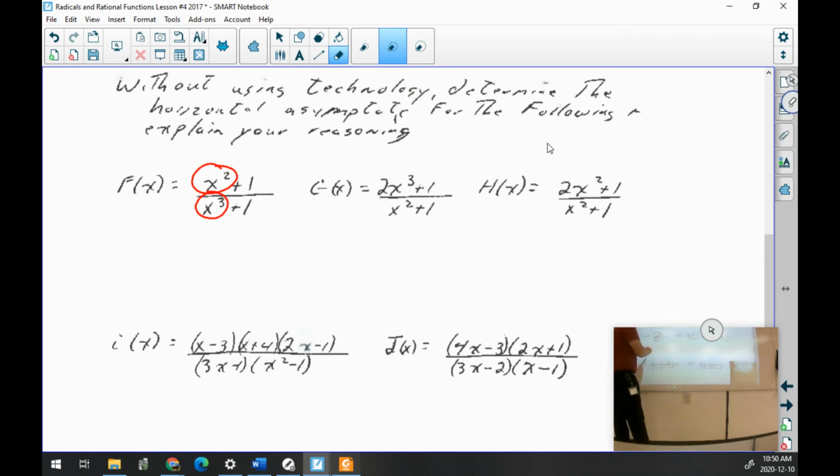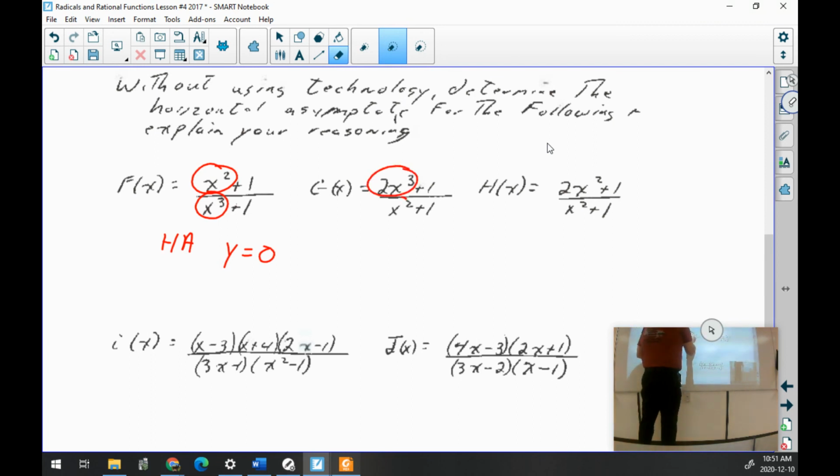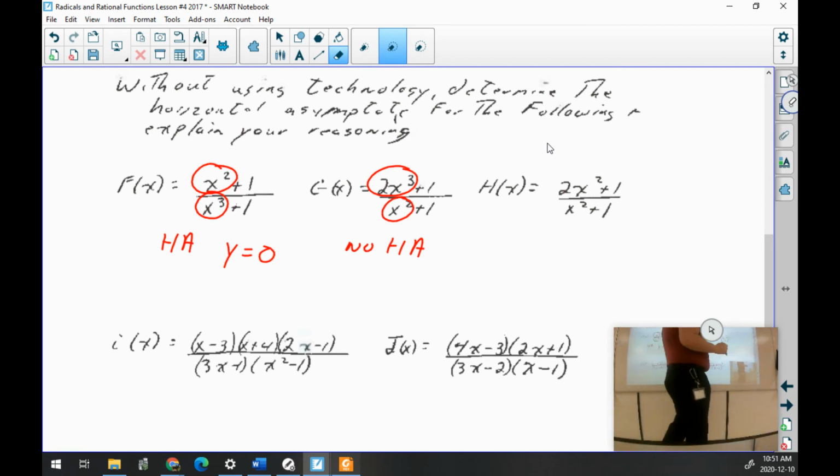So what we have here is a horizontal asymptote at y equal to 0. Second degree over third degree. Everything else I don't really care about. Find the highest degree. Here we have a third degree over a second degree. This has no horizontal asymptote. The top is going to overpower the bottom fairly quickly.